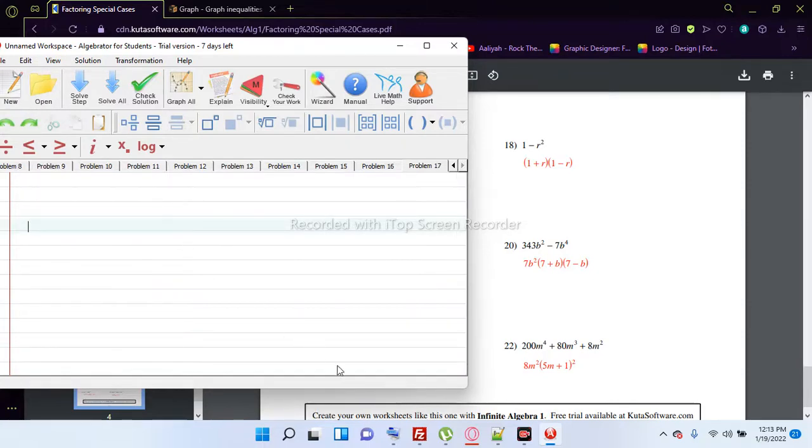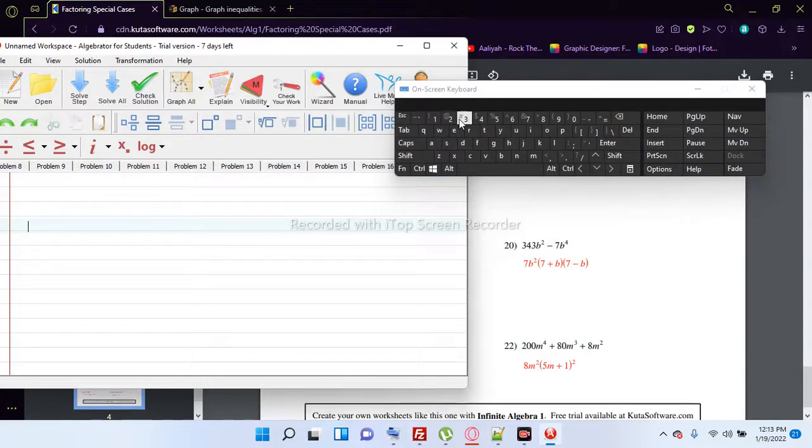Let's see, no. 343b squared, minus 7b, shift in the 6 key, to the fourth power.